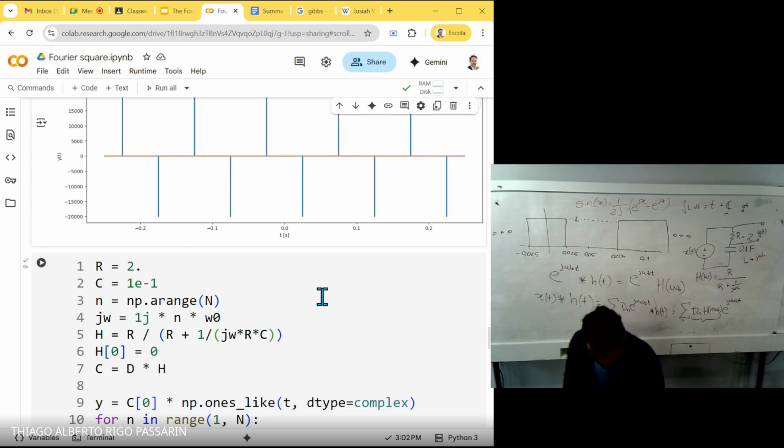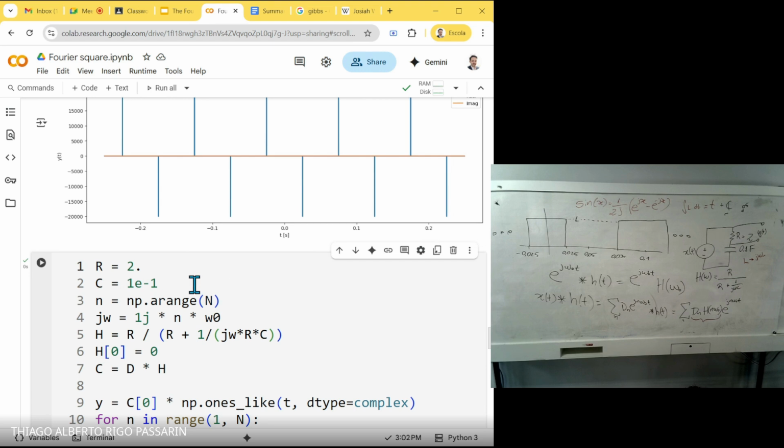This is what's happening in this cell here. I created a vector j omega just to simplify the notation. So the frequency response is here. Well, j omega is j times n omega 0, which are the frequencies that I am interested in.